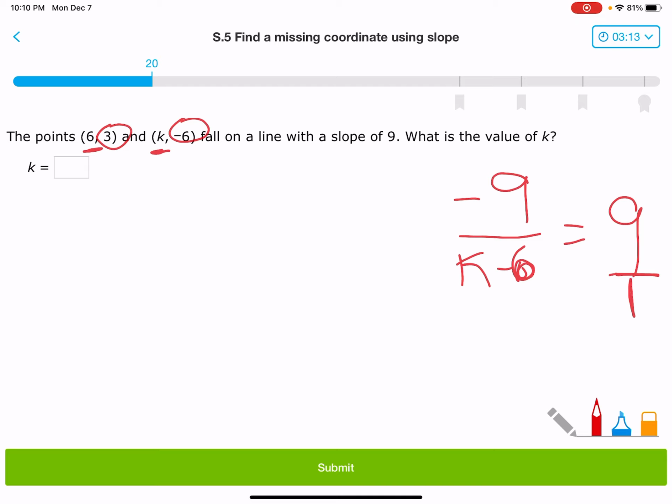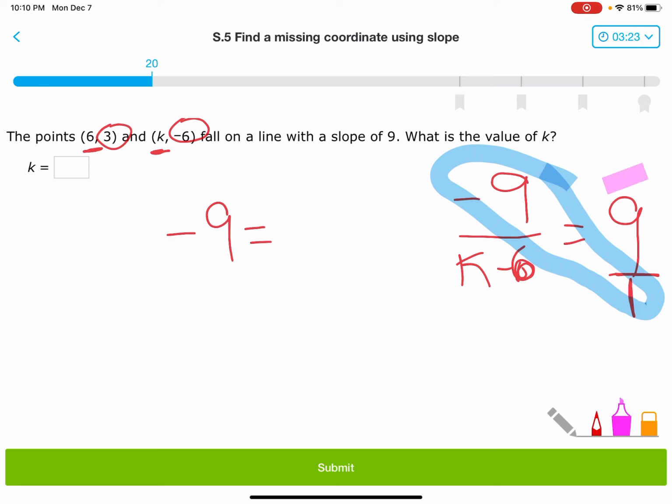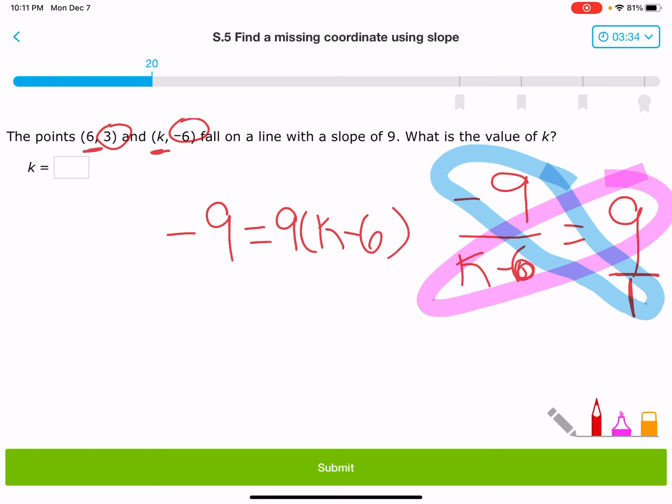Now we can use our cross multiplication. We can multiply the negative 9 times 1. We get negative 9 equals, and then we could do 9 times k minus 6. So we get 9 parentheses k minus 6. And then we can distribute. Negative 9 equals 9 times k is 9k, minus 9 times 6, which is 54.